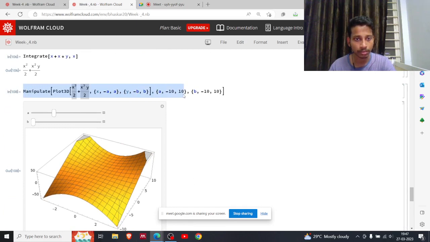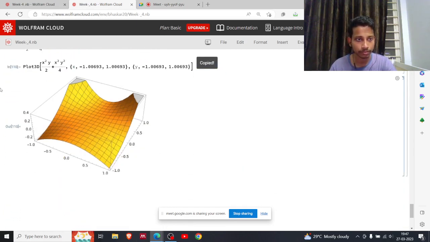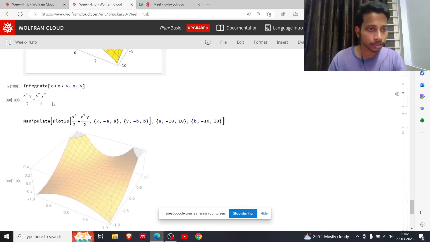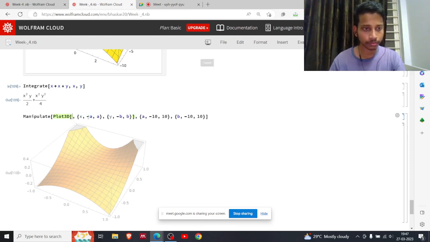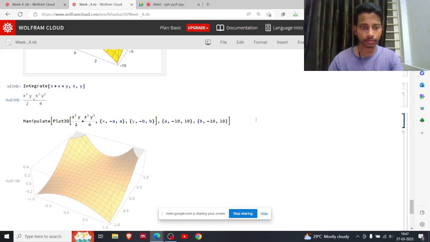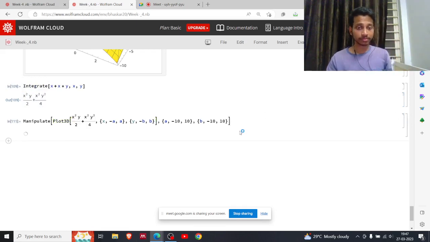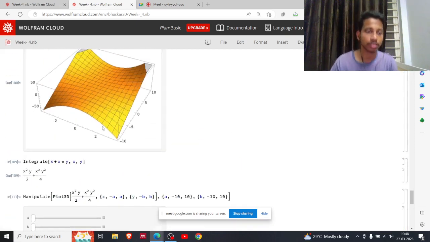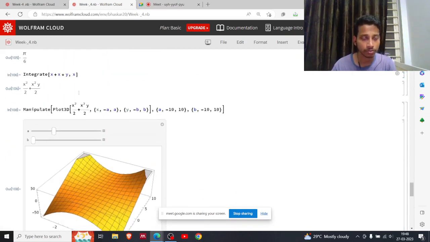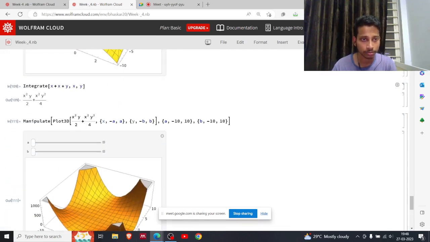So now again do the same thing. Now I can see how much difference there is between integrating with respect to one variable and with respect to two variables.